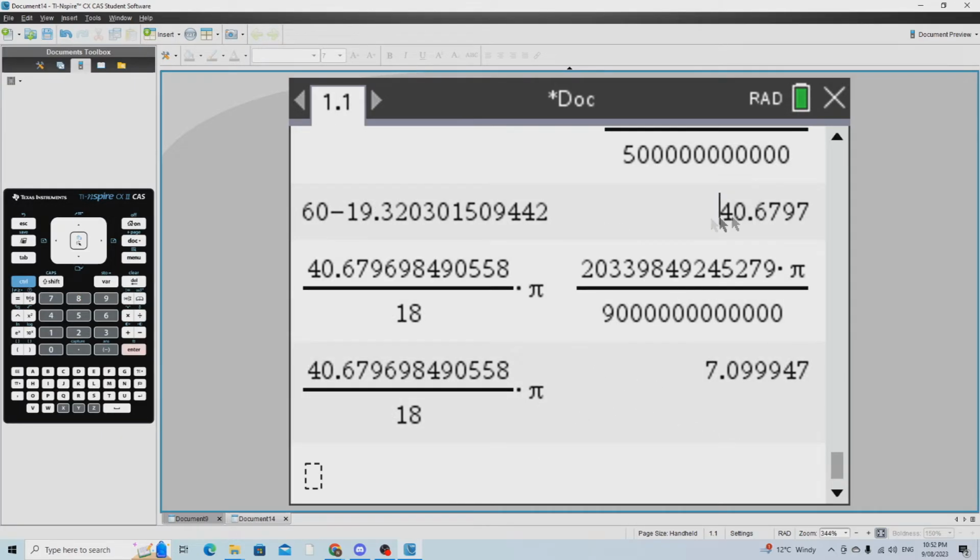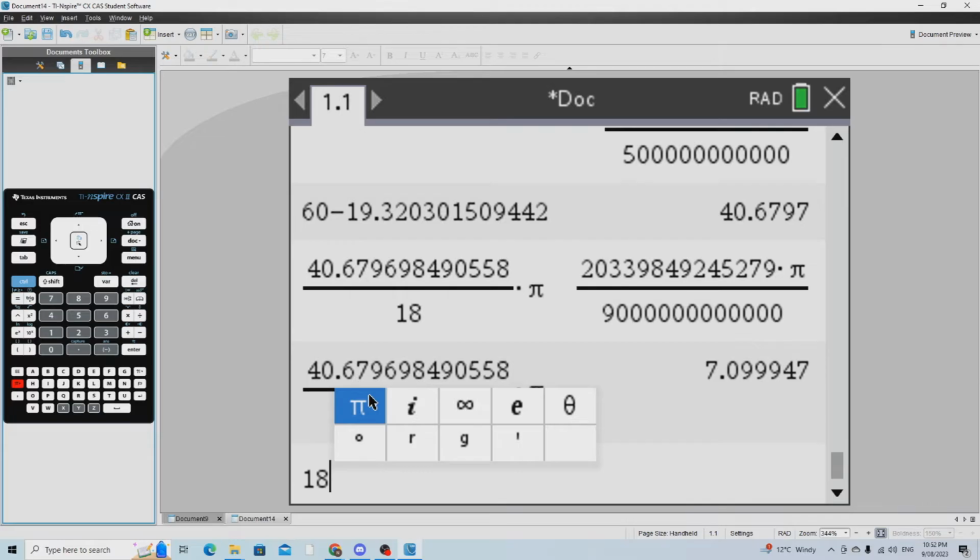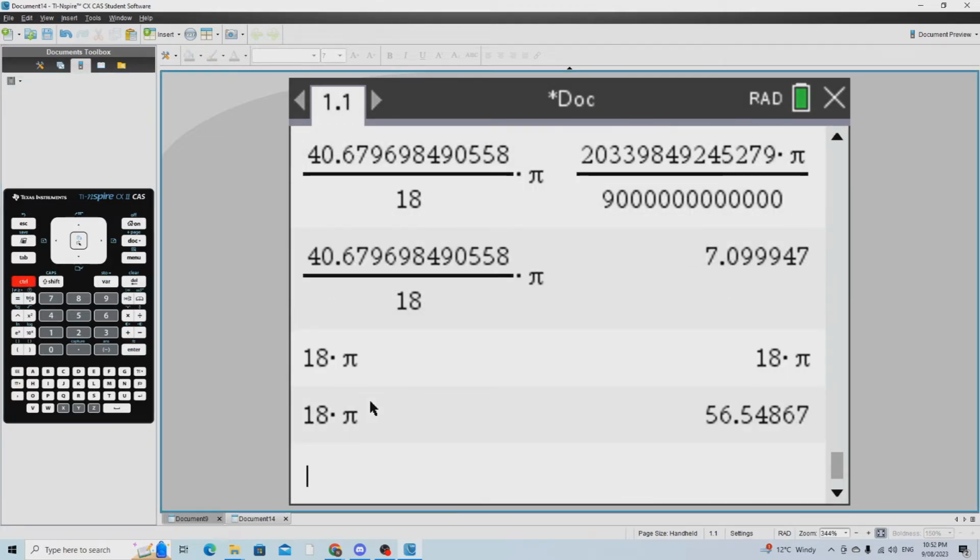Okay, I'm just going to be honest. Just trying to think how. So what is 18 pi? 18 pi is 56.